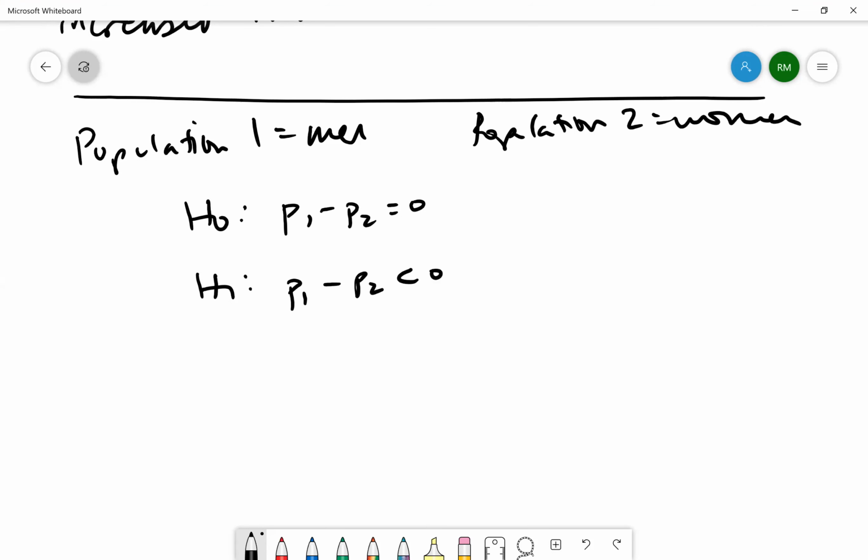That is, the proportion of men who smile in public minus the proportion of women who smile in public is negative. We found that the number of men who smiled in public was 3,269, and the total number of men they saw came out to 7075.